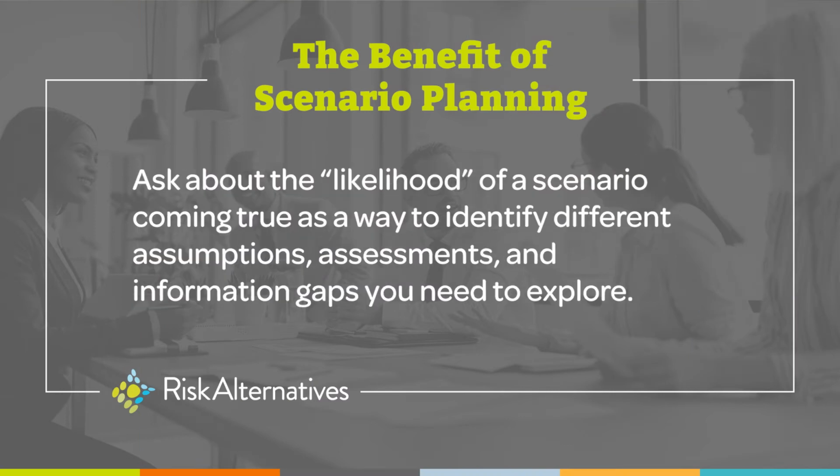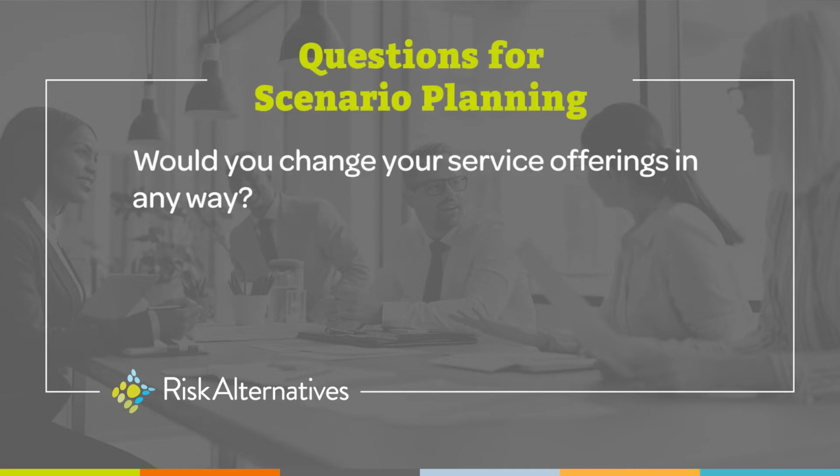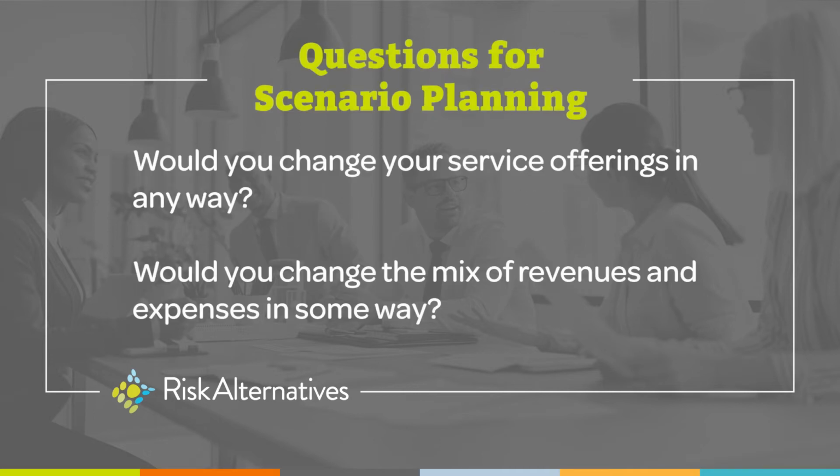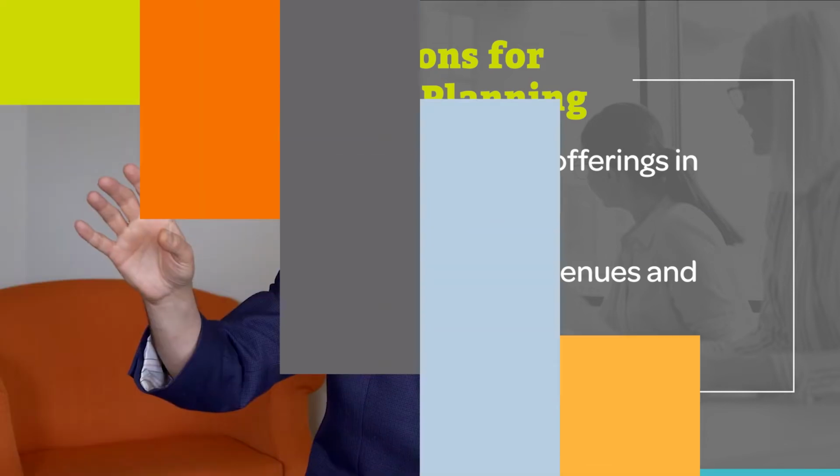By drawing assumptions out on the table, you may find that there are important issues that you need to discuss right now among your staff in order to look at the future uncertainties with greater clarity. What would you expect yourselves to do in terms of changing your service offerings in any way, or changing the mix of revenues and expenses in some way? Why would you want to go through that sort of exercise of scenario planning?